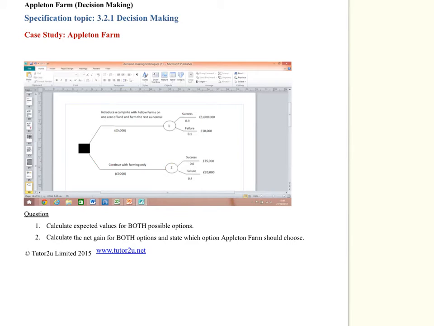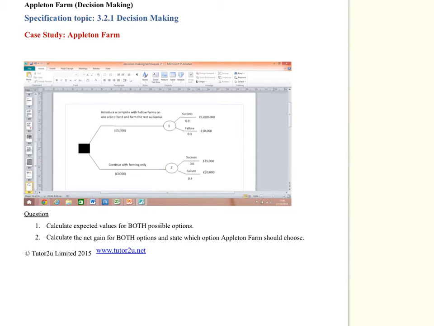So, we need to remember the formula, which is basically the probability of outcome 1 times their likely gain plus the probability of the second option times the likely outcome.